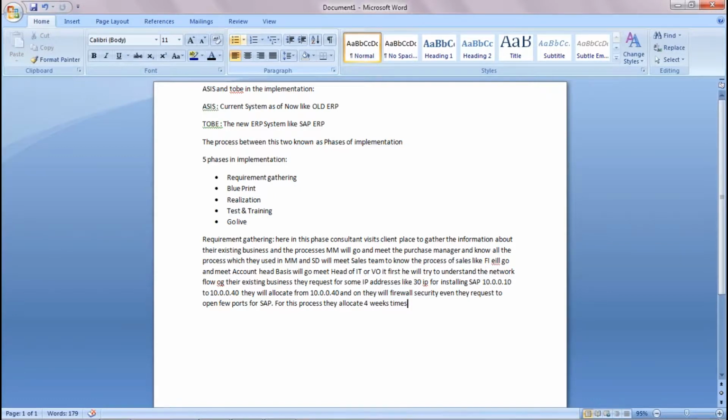Before 4 weeks, they have to collect everything. FI will do the FI thing, MM will do the MM thing, SD will do the SD thing, then basis will do the basis thing. This process is completed in a maximum of 4 weeks. Somebody takes 1 week only, somebody 2 weeks, somebody 3.5 weeks, but it has to be completed in 4 weeks. So the company allocated 4 weeks.